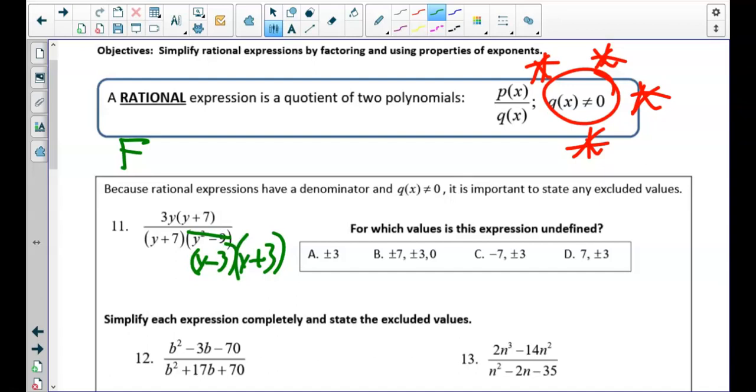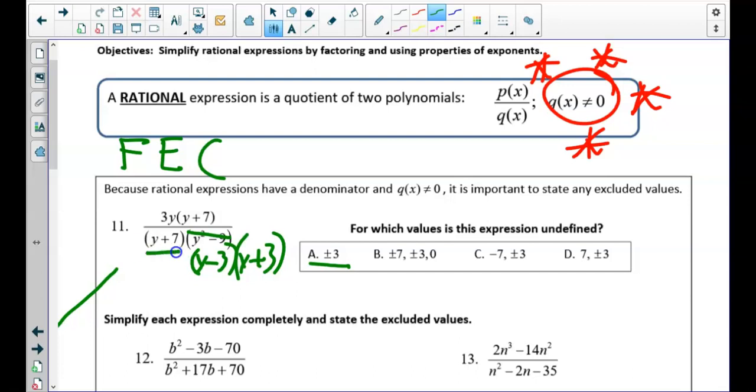Now the most common mistake here is people, don't write this down yet, will cancel, and then they'll say, okay, the excluded values are 3 and negative 3. But that is an error. That's the most common error. What you want to do is follow these rules. FEC. Okay? F-E-C. You want to factor first, then find your excluded values.